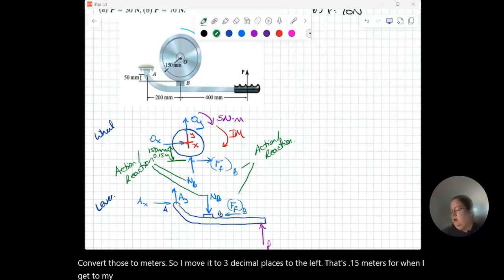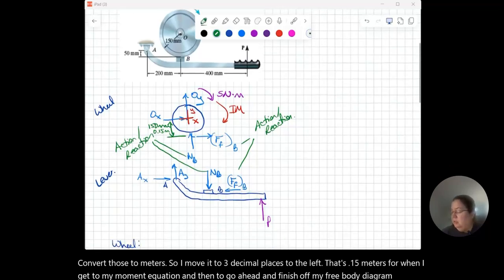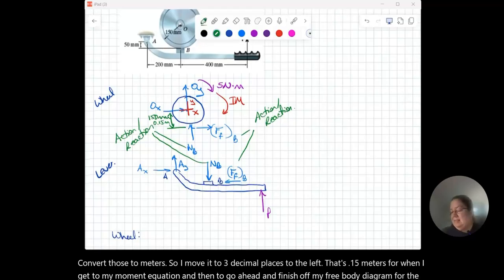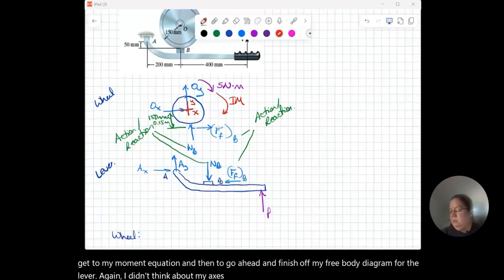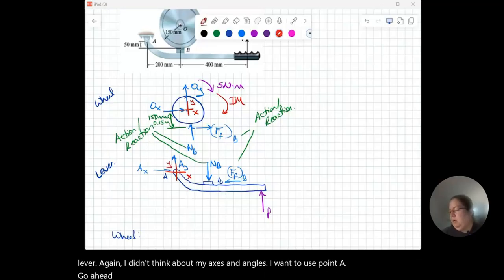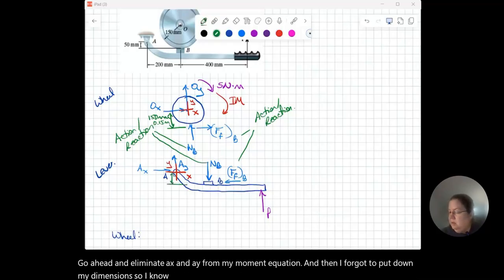And then to finish off my free body diagram for the lever. Again, I didn't think about my axes and angles. I'm going to use point A, to eliminate AX and AY from my moment equation. And then I forgot to put down my dimensions. So I know that this guy here is going to be 50 millimeters, which is 0.05 meters.